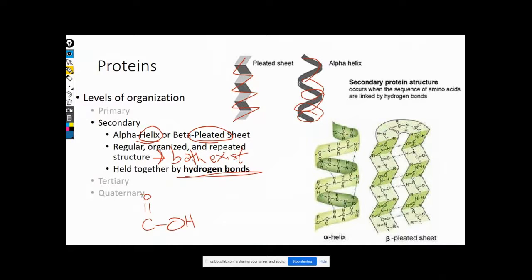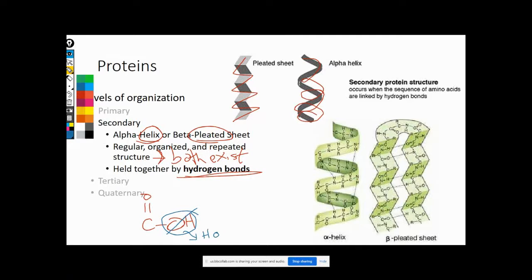When our carboxyl group was used for dehydration synthesis, right, to link all of ours together, we lost this, right? That went to water. That was our first H and O, right?